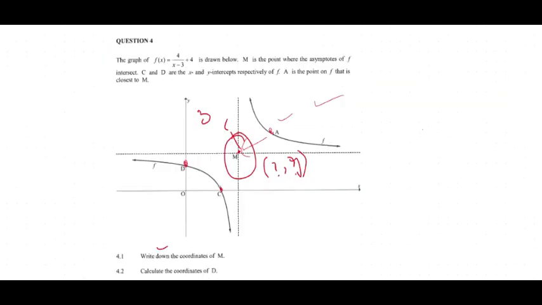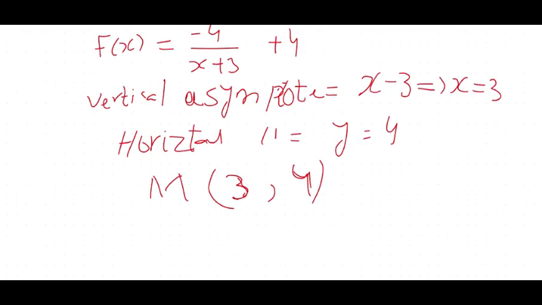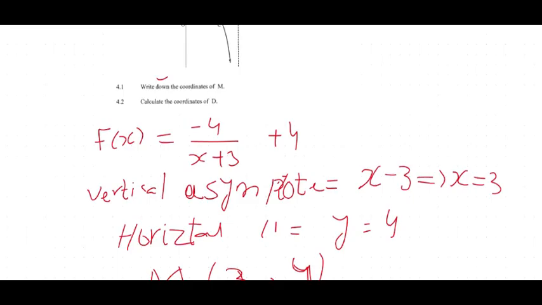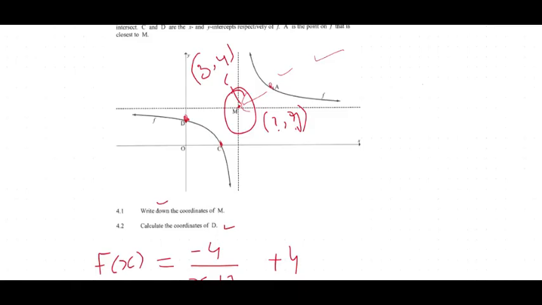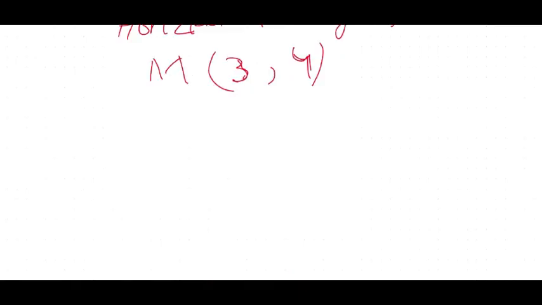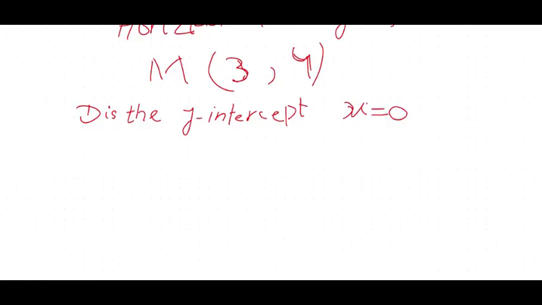So what is next? 4.2: we have to calculate the coordinate of D. How do we find the coordinate of D? D is the y-intercept, where x equals 0.